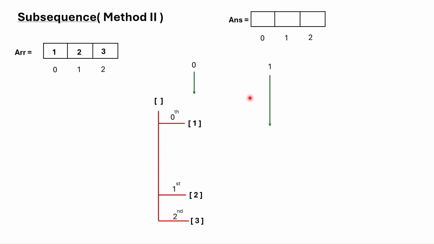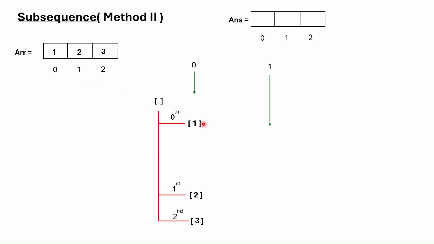So now again, listen very carefully. Now look at this. What all things I can put at the first index of my answer if I have already taken the 0th index from this array? If I have already taken the 0th index from this array, I am left with two choices. That is, either I should take the first index or the second index.